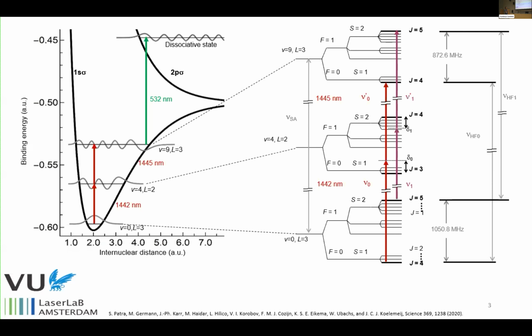What we want to do is continuously have some RF radiation, to have some population transfer from this top level to this bottom level, and then dissociate from this level via this intermediate level at V equals 4 to this dissociative state. So we continuously dissociate while we have our RF radiation on, and the increased amount of dissociation serves as our spectroscopy signal.